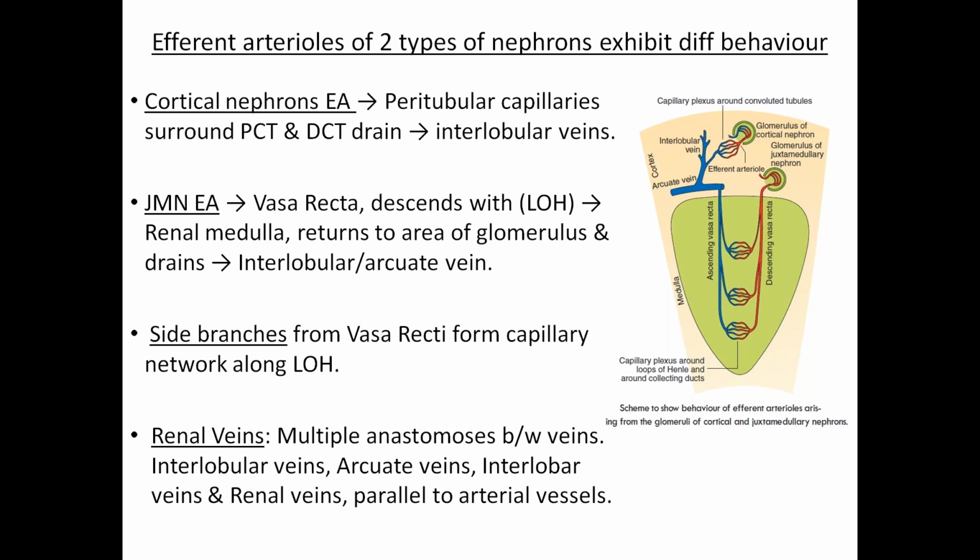Now, as I said, the arrangement of the renal veins is similar to that of the arterial system, except for the presence of multiple anastomoses between veins at all levels of venous circulation. The corresponding veins which run parallel to the arterial vessels are, again, as in the arterial supply, interlobular veins, then arcuate vein, then renal vein, which I told you exits at the renal hilum.